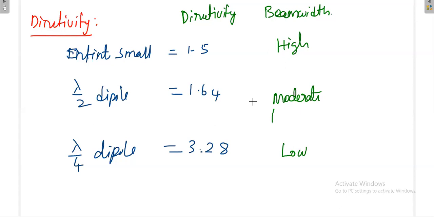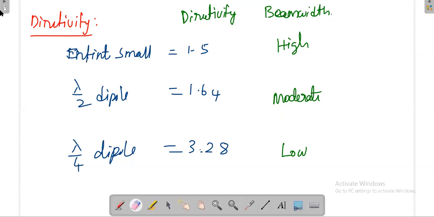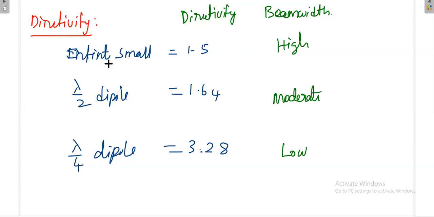You can simply imagine the infinitesimal dipole antenna is almost similar to an isotropic radiator, because once you make the length very, very small, that is simply like a point. If it is a point antenna, what is it?